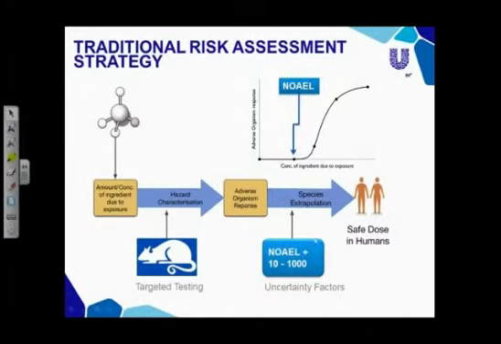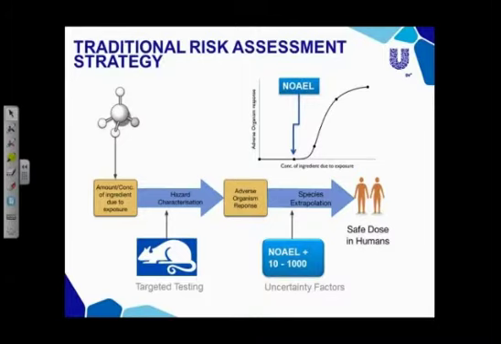And then traditionally we use that null, and then we have to make some risk assessment judgments. We use what we term uncertainty factors. Nothing's better named than that. Because this is kind of saying, well, okay, we did this in rats, but we're really concerned about humans. Let's take the null and divide by 10. Oh, but humans aren't all the same.